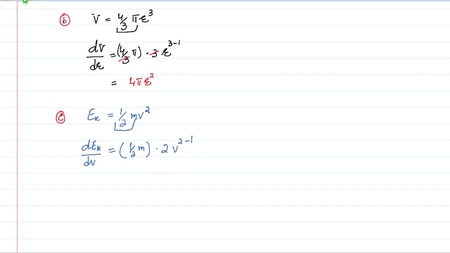So we can further simplify this, 2 in numerator, other in denominator, this will go, so it will be equal to m, and v raised power 2 minus 1 will be simply v. That means this first differential of kinetic energy with respect to velocity will be equal to this much.